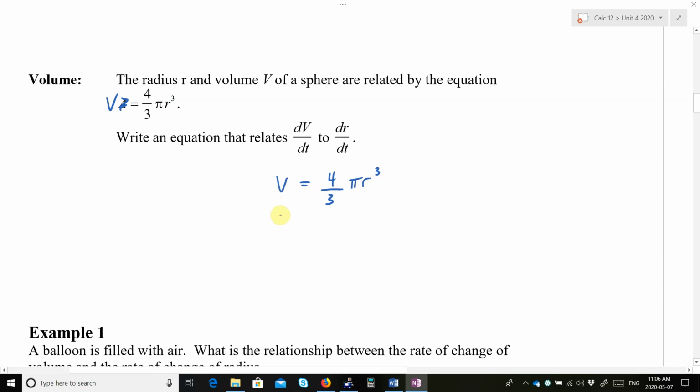The derivative of x is 1, so the derivative of V is 1, but since V is a function of time, we would go 1 times dV dt. And over here, 4/3 is a constant, pi is a constant, r cubed, so the 3 multiplies down in front. 3 times 4/3 pi would just be 4 pi, and then the power of the r goes down by 1, and then dr dt.